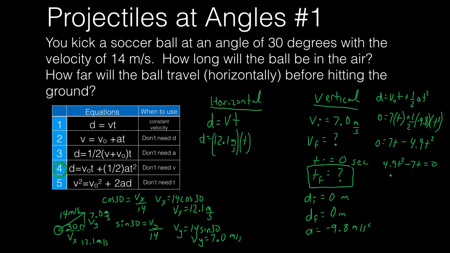Now we have a t squared and a minus 7t here. The easiest thing to do at this point is to factor a t out. So I'm going to pull a t out, and that leaves me with 4.9t minus 7, and all of this is still equal to 0.